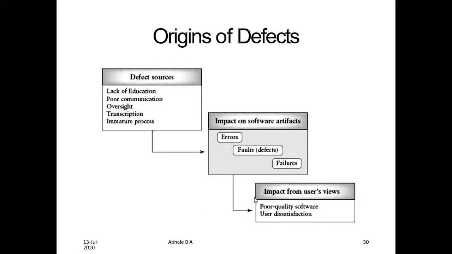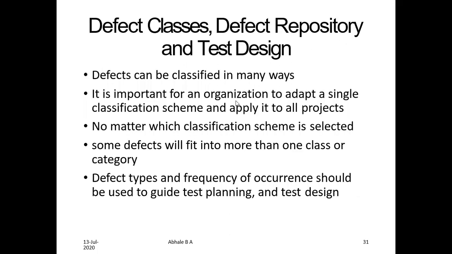The customer will get poor quality software and the user will be dissatisfied. He will not be 100% satisfied. So this is how the defect originates, how it is converted, how it affects the software, and lastly how the customer or end user will be affected because of this defect. Okay, that is the origin of defect.